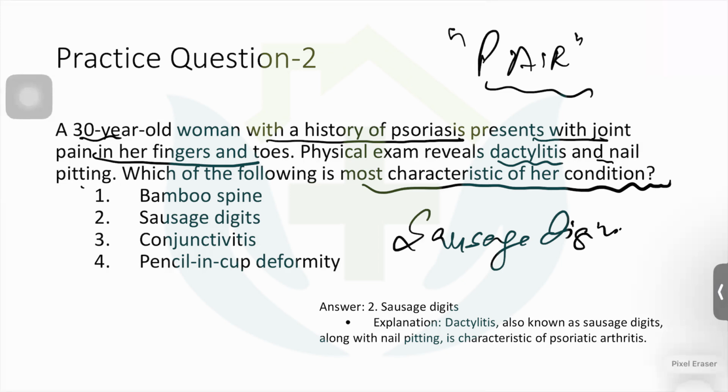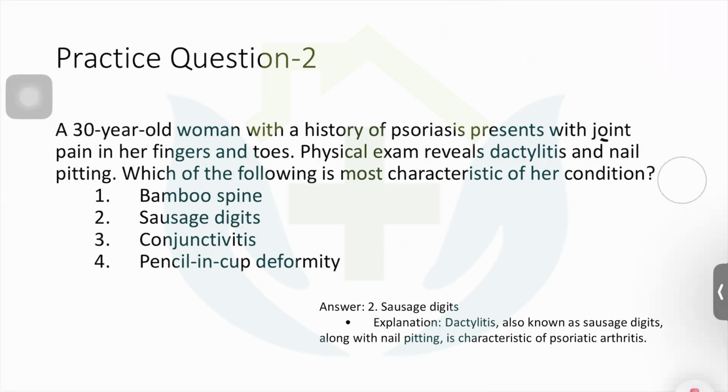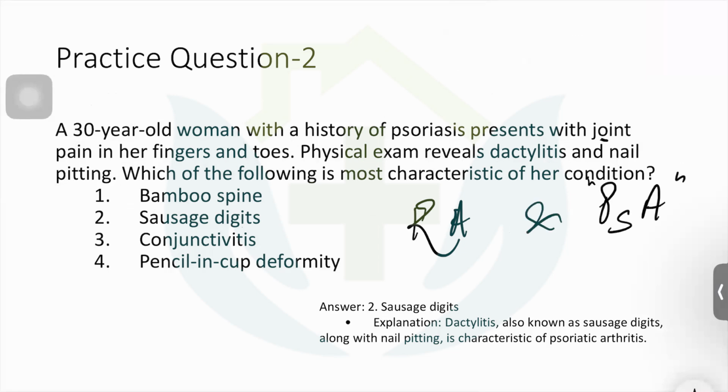Okay. Can anyone tell me, now that you guys are new, if I have to differentiate between rheumatoid arthritis and psoriatic arthritis, which joint involvement would tell me that this is not rheumatoid arthritis? Distal, DIP. Wonderful. So it is the DIP.